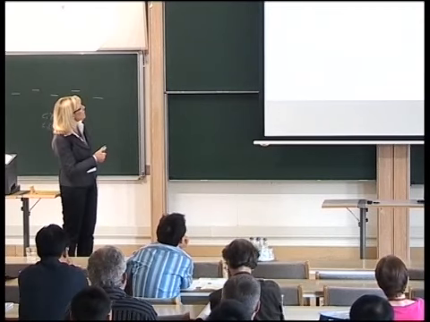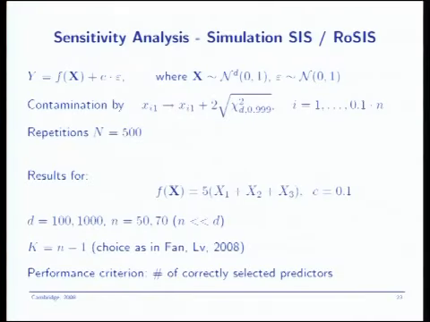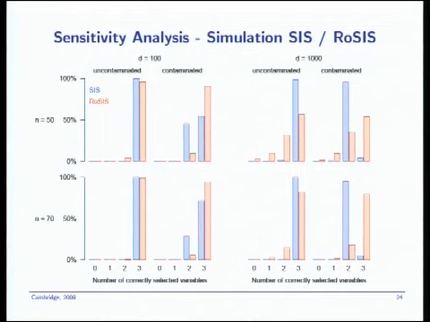If you like, just to go back, as you can see here, it should be 3. So in the uncontaminated situation, the original SIS and the robust version, Rho-SIS, behave as you can see here.